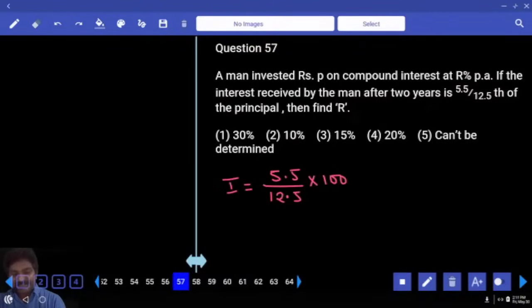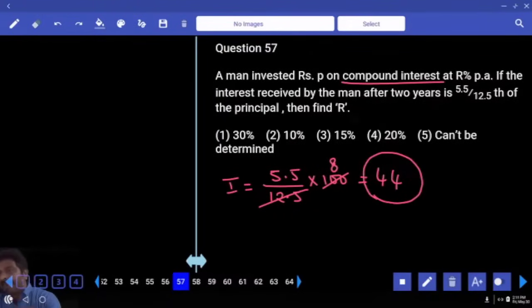Now the interest is this much. 12.5 in the sense 8 times only. 5.5, 8 times will be 44 only. At the rate of compound interest, at what percent per annum? For 2 years, we will get 44%. Come on. So for 1 year, it should be 20% only. Right.